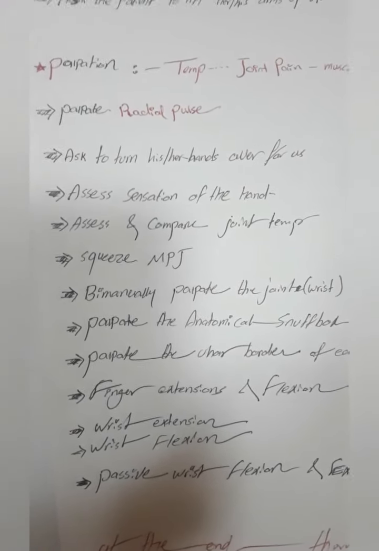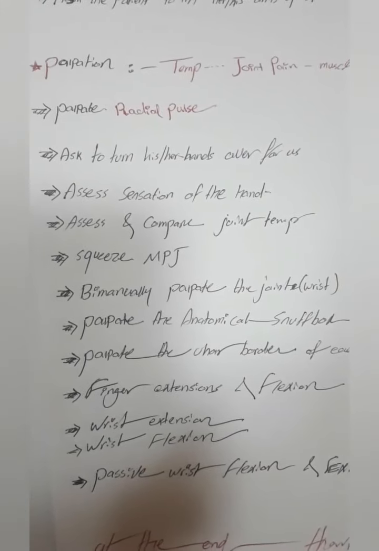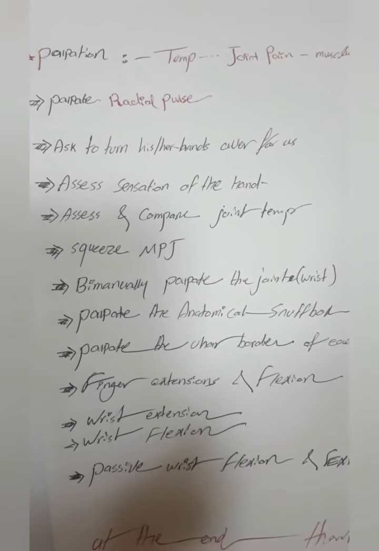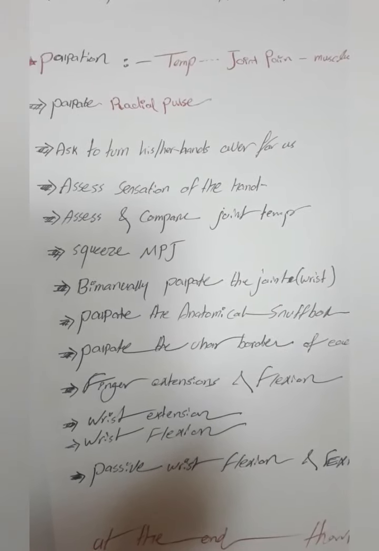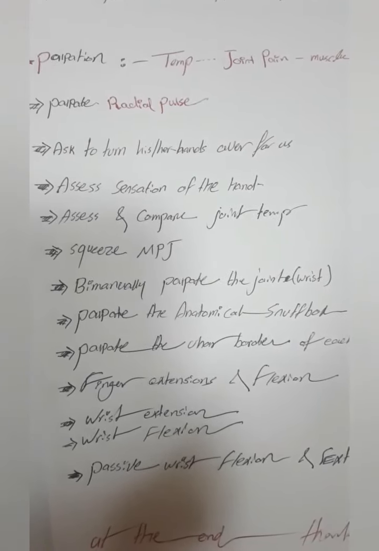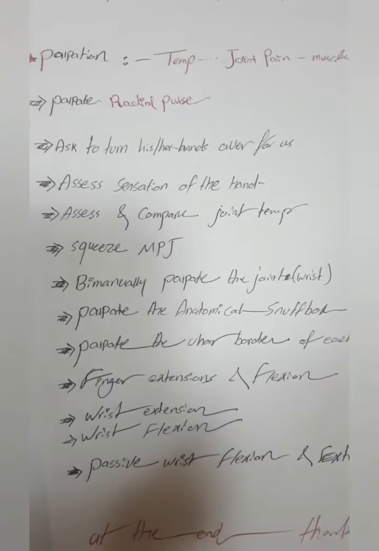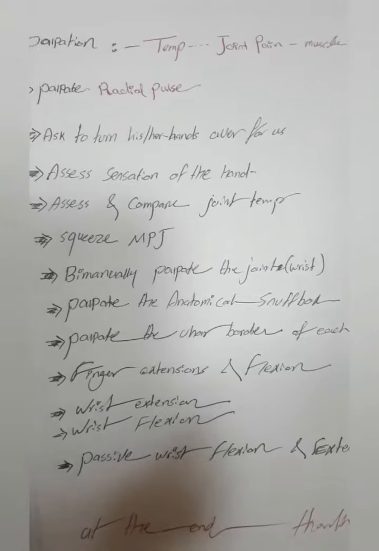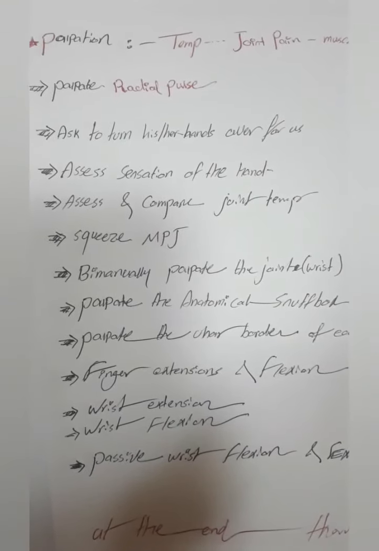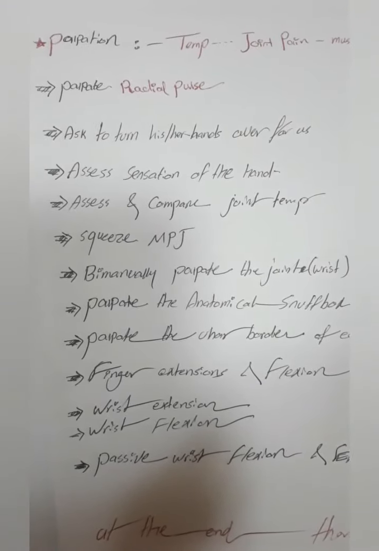And then by manual palpation of the joints of the hands, note any tenderness or asymmetry. I mean, metacarpophalangeal joint, proximal interphalangeal joint, distal interphalangeal joint, okay? And then by manual palpation of the wrist joint, okay, note any tenderness and asymmetry.